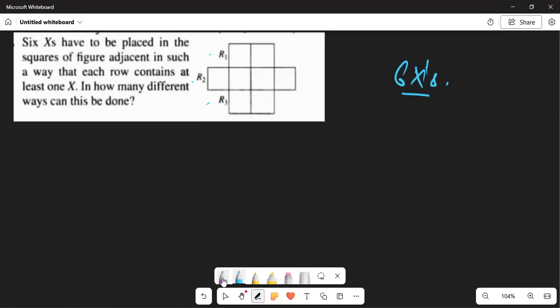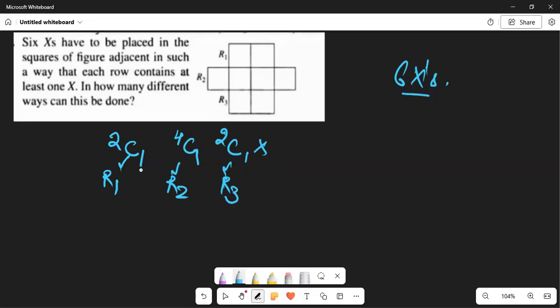So first of all, what is an incorrect method of doing this question? So the incorrect method is that you choose one position out of the 2 for row 1, one position out of the 4 for row 2, and one position out of the 2 positions for your row 3.